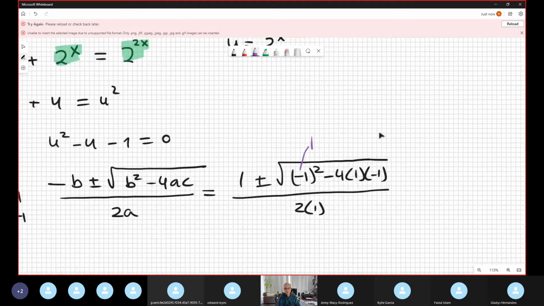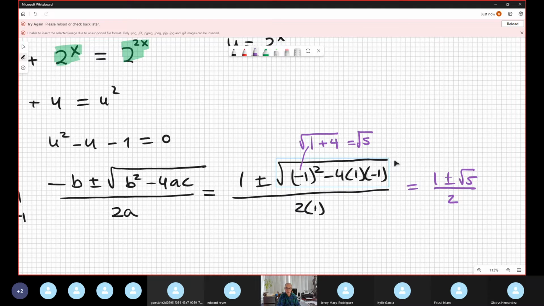Double minus becomes positive 4, because 4 times 1 is 4, no? But negative, double negative becomes positive, it is 5. And the square root of 5 is an irrational number. I leave it like that if you want to express the exact solution. Entonces, 1 plus or minus radical 5 divided by 2.